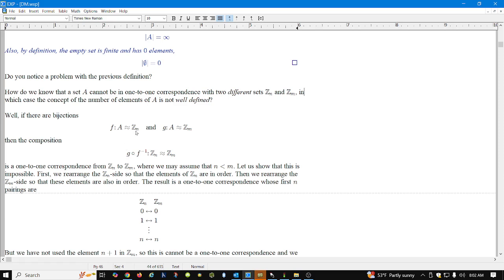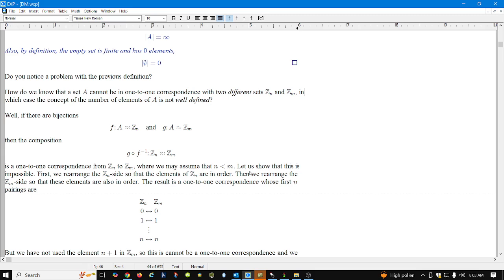F inverse will take Zn to A, G will take A to Zm, so we go from Zn to Zm, and it's a bijection because F inverse is a bijection and the composition is a bijection. So now we are presented with a bijection, or one-to-one correspondence, between Zn and Zm directly. A is now out of the picture.